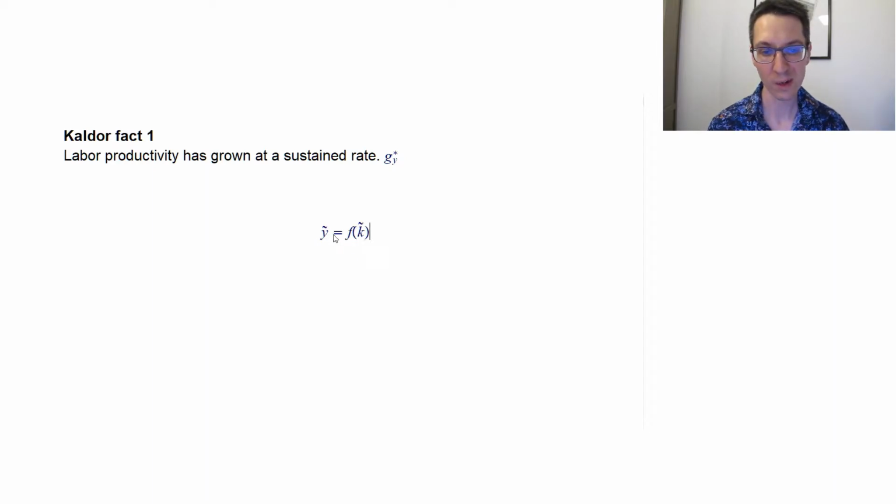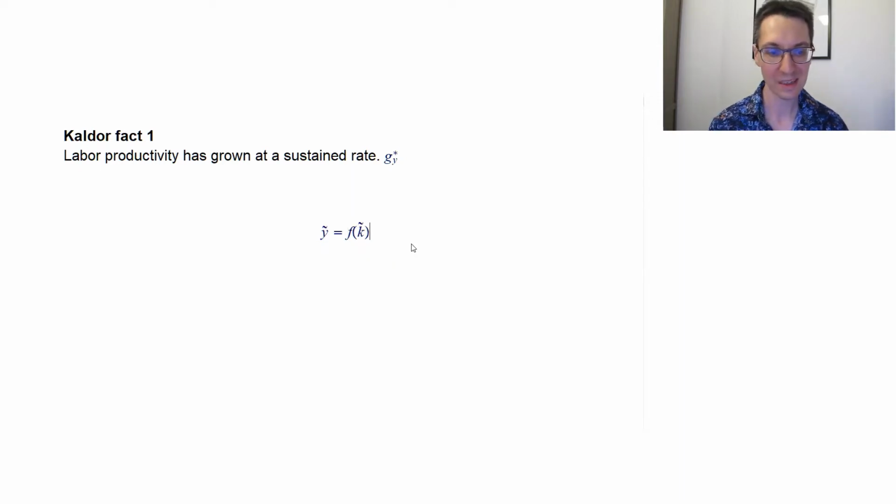So it's one-to-one. And if this grows at rate 0 on the balanced growth path, then output per effective worker has to grow at growth rate 0 on the balanced growth path.